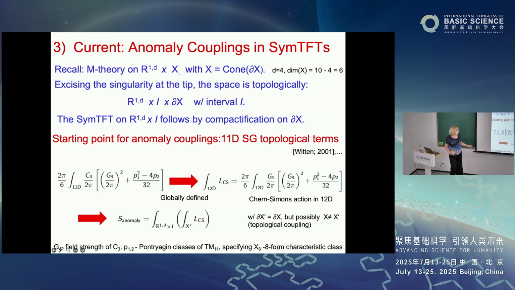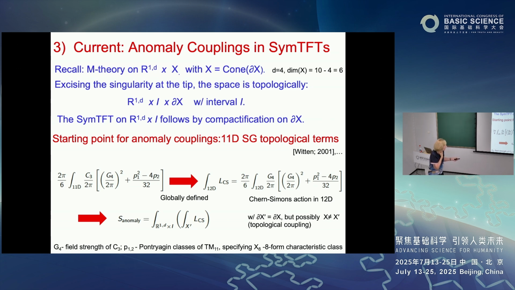Okay, okay, good. So, what we want to do is we want to rewrite this Chern-Simons action, which is our anomaly action, by splitting the 12-dimensional space into the resulting quantum field theory cross the interval of the SymTFT and the extra non-compact space.